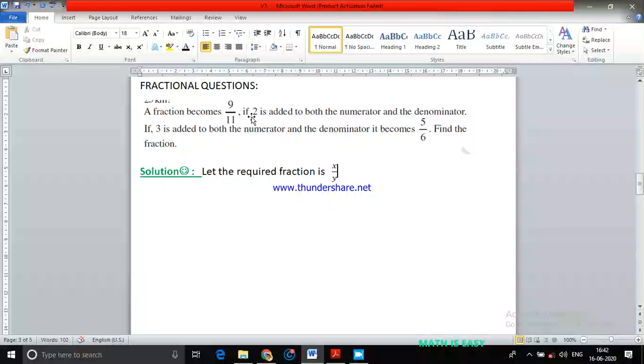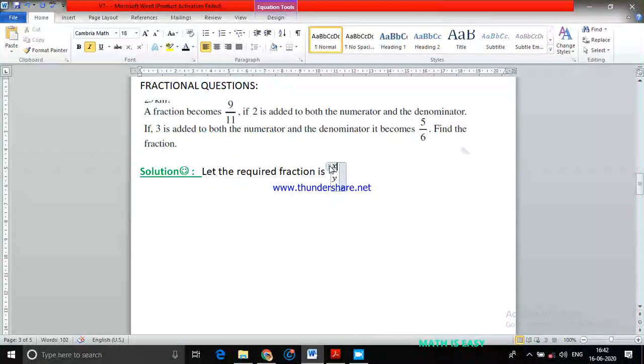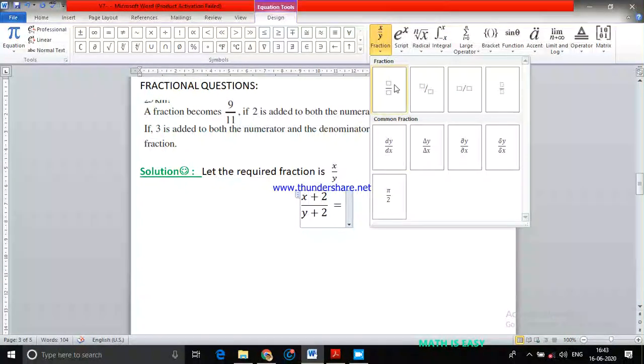Now what happens? If 2 is added to both numerator and denominator, the fraction becomes 9 by 11. If I add 2 in the numerator and 2 in the denominator, the fraction becomes 9 upon 11.